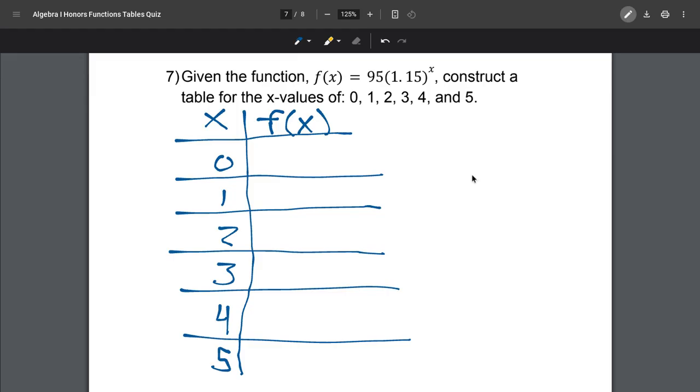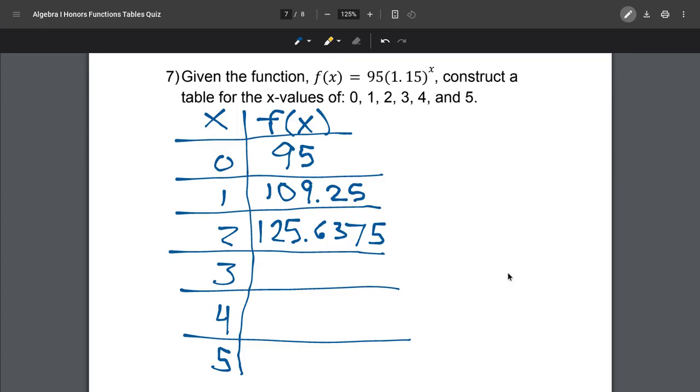Okay, so the initial amount is going to be 95, and each time we increase by 1 on x, we're going to multiply that by 1.15. So we're going to do 95 times 1.15. That gives us 109.25. Okay, times 1.15, that gives us 125.6375. I may round as we get up a little bit.